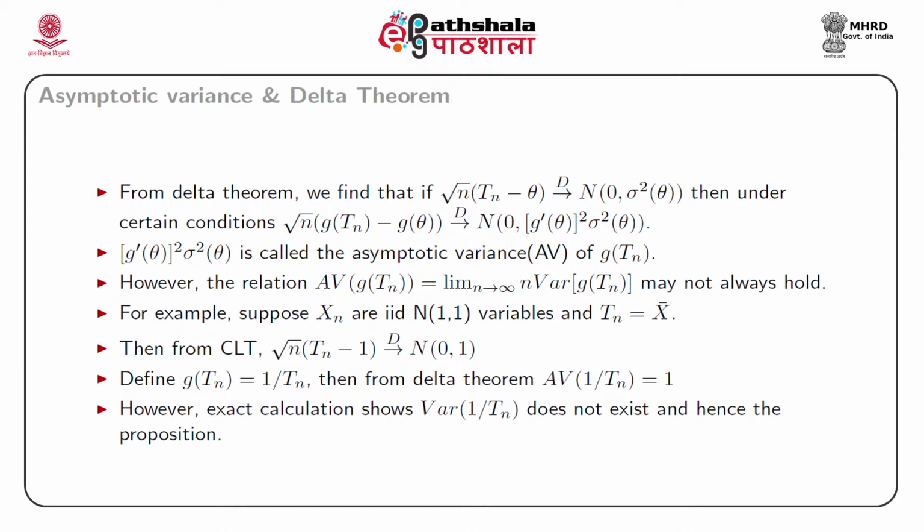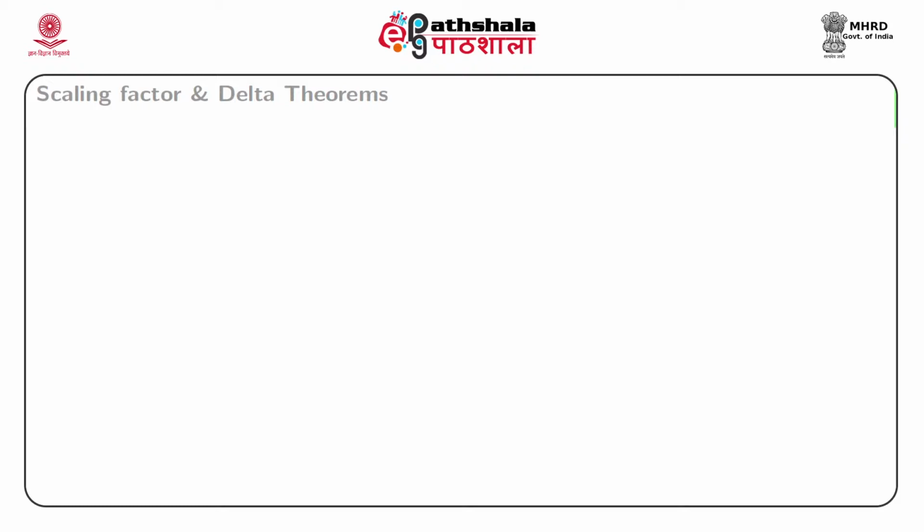There are so many examples; we have given a single example. There are many examples where this relation does not hold. Next, we pass on to an interesting aspect of delta theorem. For the univariate delta theorems we have discussed so far, we have assumed the scaling factor square root of n.